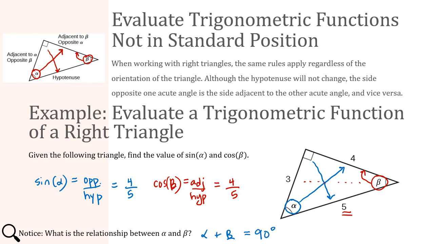And that's because the sum of the angles in a triangle is 180 degrees. And if I already have the right angle at 90 degrees, then alpha plus beta has to be 90 degrees. We say when two angles add to 90 degrees that they are complementary angles. Okay, so let's just keep that in mind as we move forward.